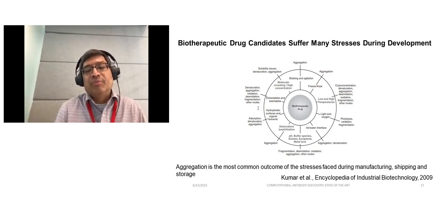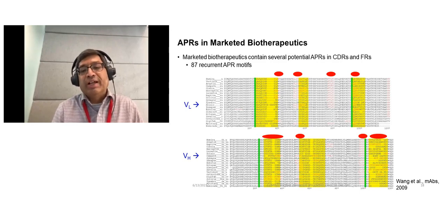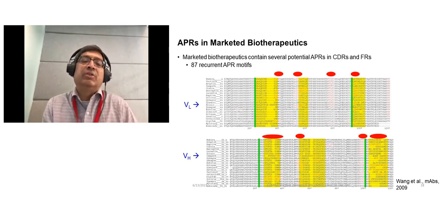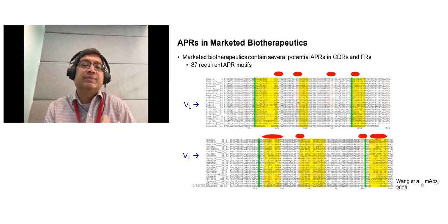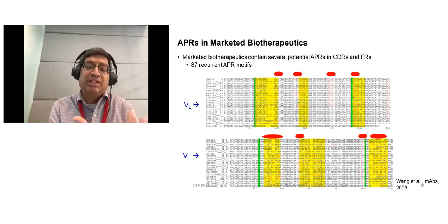We started this work back in 2009, looking into aggregation-prone regions in marketed biotherapeutics. We essentially used the same types of algorithms, TANGO and PAGE, that are used to identify amyloidogenic regions in proteins and intrinsically disordered proteins.